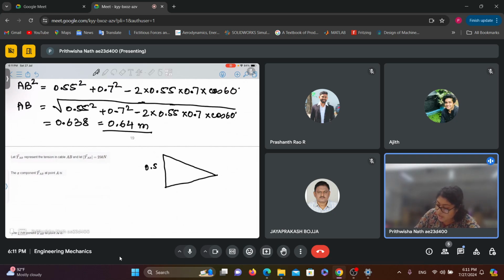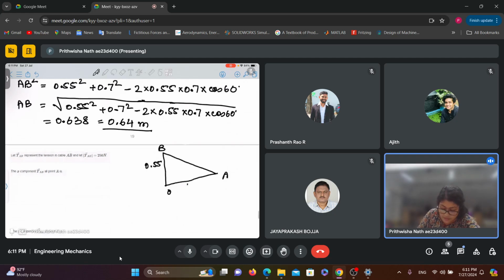It is given that this side OB is 0.55, OA is 0.7, this angle is 30, this angle is 60, and AB we know is 0.64.